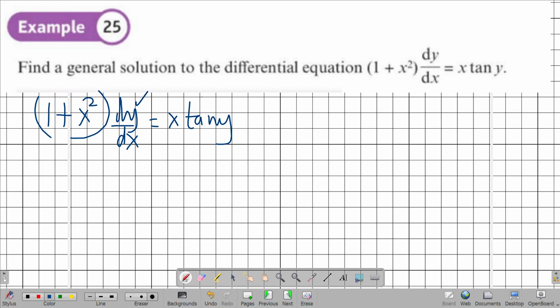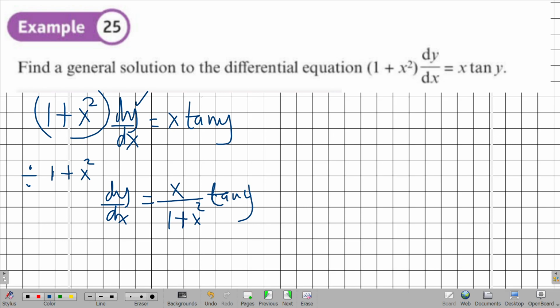So what are we going to do to solve it? We group the like terms. We separate the variables. That's a mathematical term. For me, it looks like the easiest way is to divide both sides by 1 over x squared. If I do that, I'm going to have dy over dx is equal to x over 1 plus x squared, then tan y. Normally in an exam we will do this quickly.